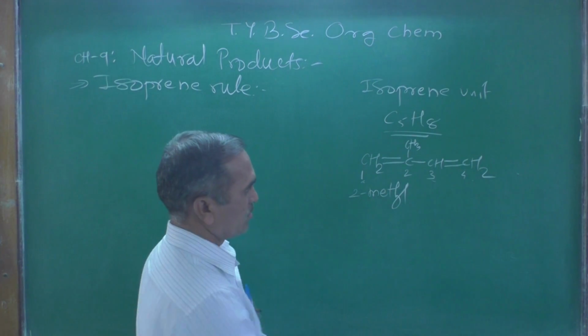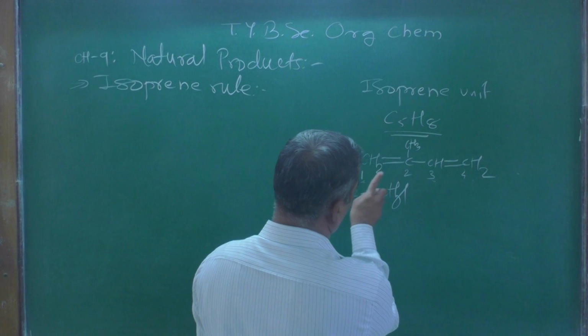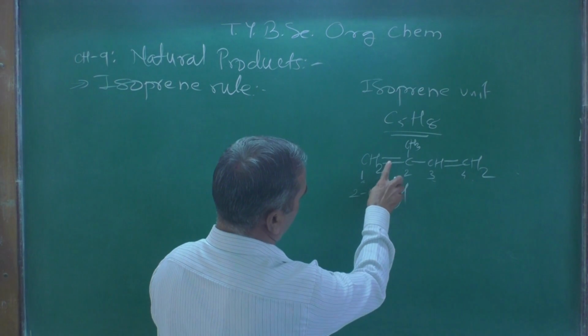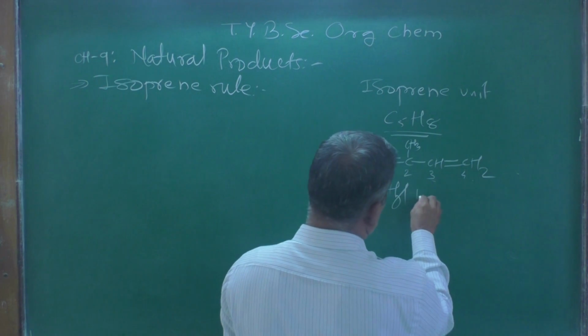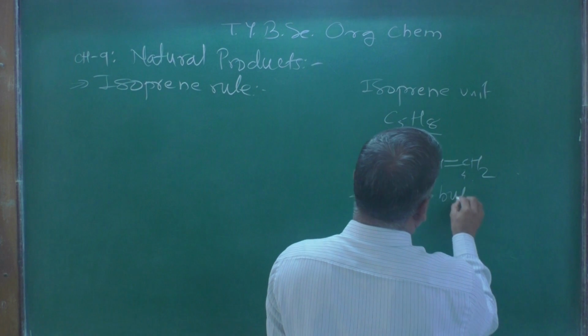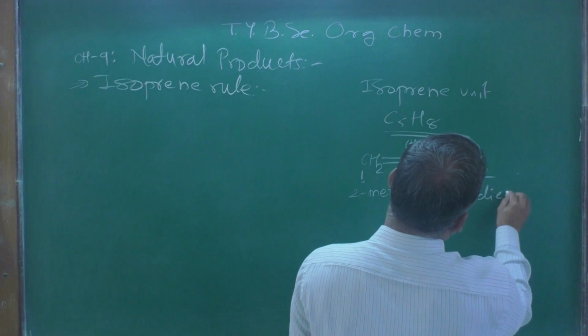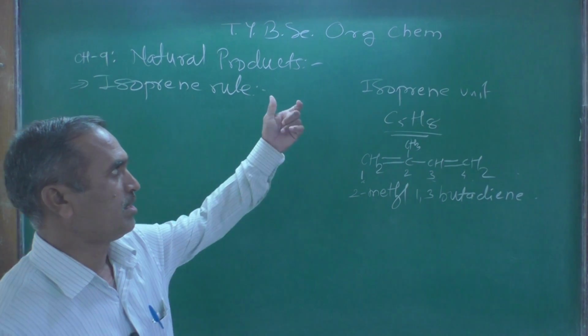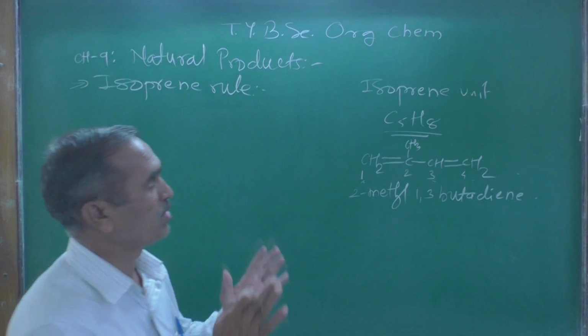See the position of the olefinic bonds, the carbon-carbon double bonds. Observe this carefully. You will find at 1 and 2 position a carbon-carbon double bond, and 1,3 indicates 4 carbon atoms in the straight chain. This is the IUPAC name of this isoprene unit.